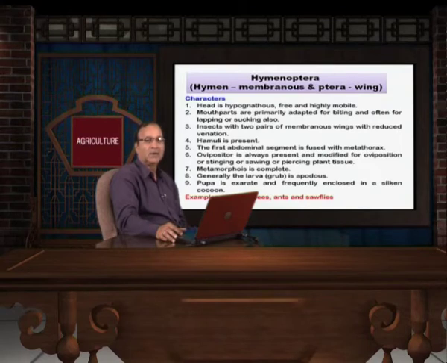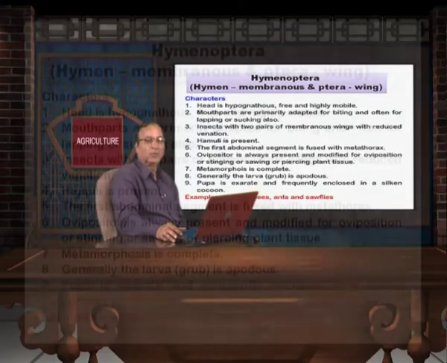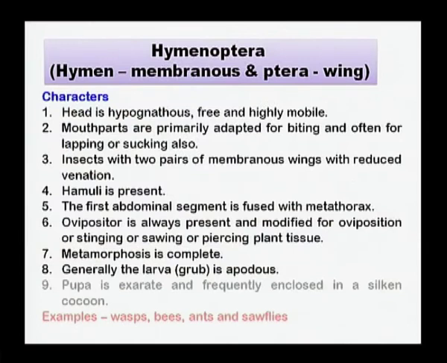Besides, the members of this order, with regards to the immature stages, are sometimes without legs, or technically apodous. It means legs are completely absent in the immature stage, known as grub.